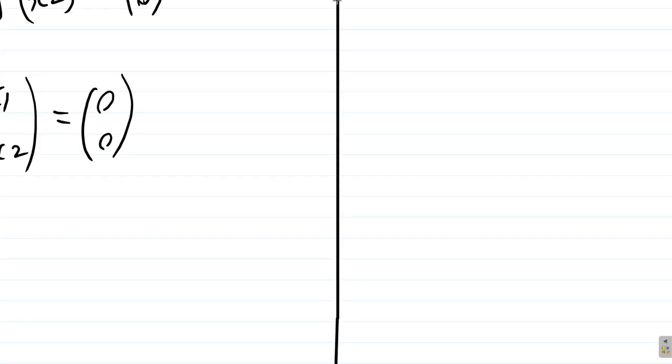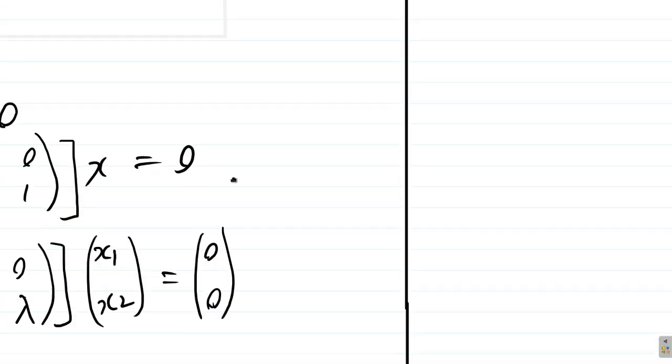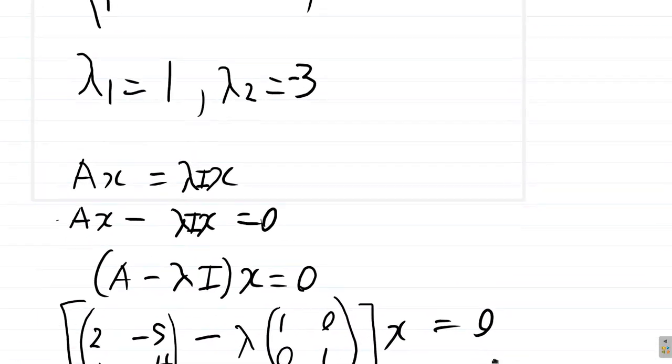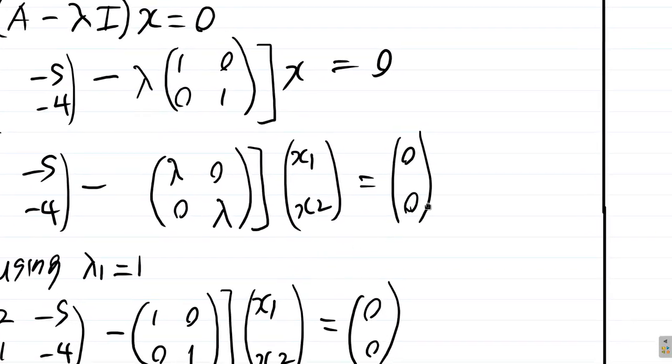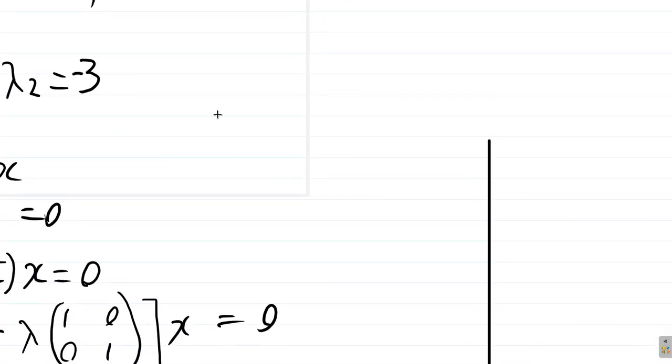We can't scroll down anymore any further. So let's just use this. Alright, so this was when we use lambda 1 as 1. Let's use lambda 2 equal negative 3.